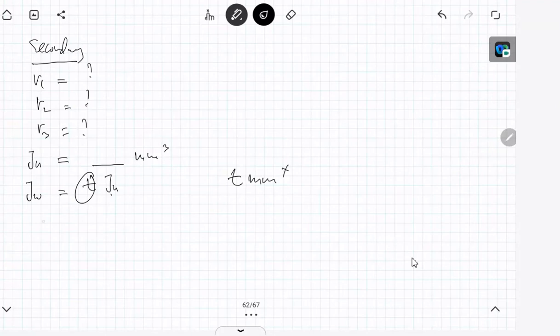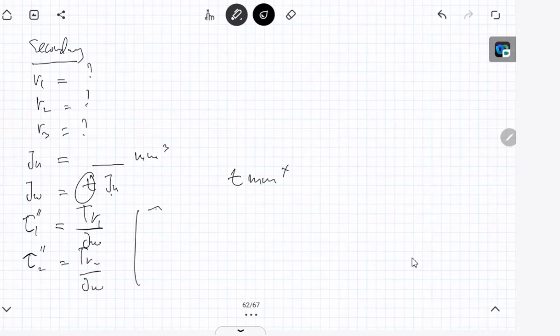Kemudian, shear double prime untuk point 1. So formula dia kan TR1 JW. So dia akan kira tu TR2 JW.